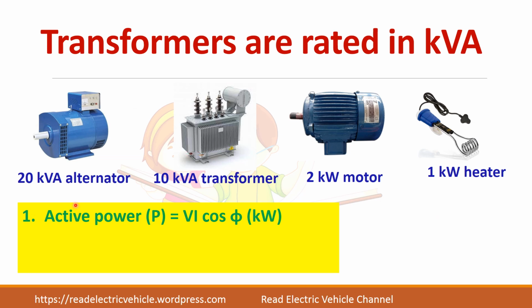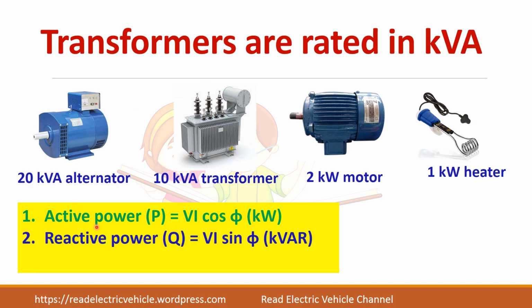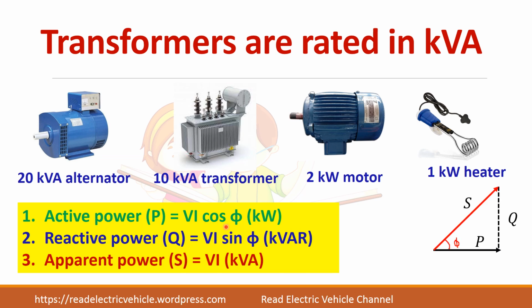So you should know what is active power, reactive power and apparent power. Active power is equal to VI cos phi, that is, power factor is included in active power. In reactive power, you have VI sin phi, so it is kVAR, that is kVA reactive, and apparent power is VI.